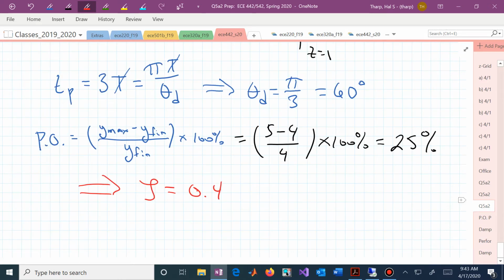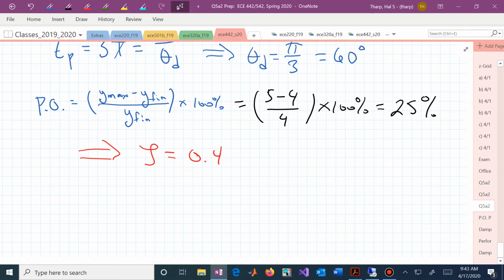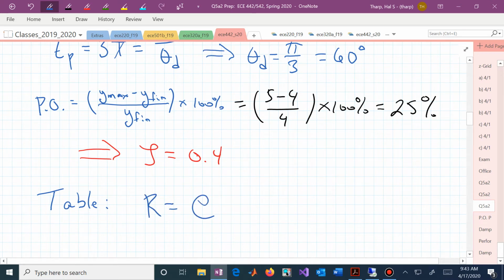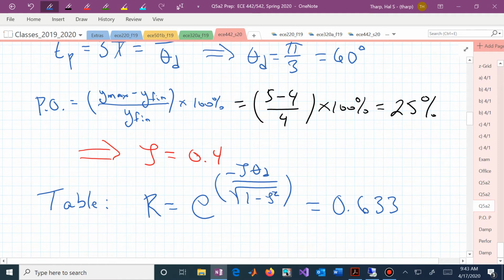So now we know that r is equal to e raised to the minus zeta theta sub d, and theta sub d needs to be in radians, over the square root of 1 minus zeta squared. So if you plug in zeta of 0.4, don't forget to square it down below when you're taking it inside the radical, and theta sub d is pi over 3, you will end up with 0.633.